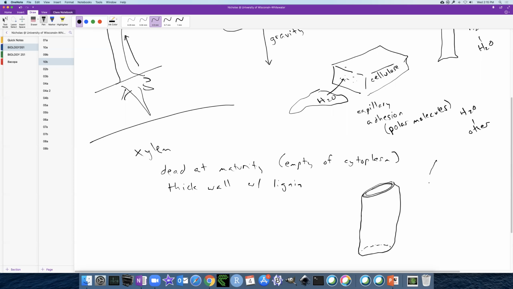Sometimes xylem cells are long and skinny. So still fairly open at the ends. And they're like little bits of pipe. So on these very large plants, you would have transport of water all the way up from the roots to the canopy of this tree.